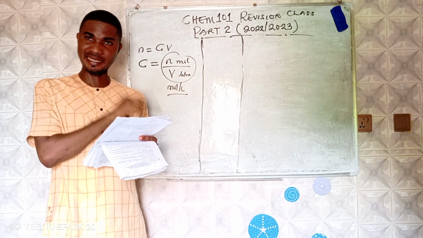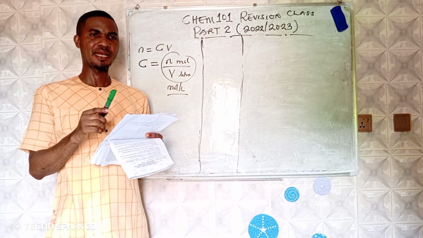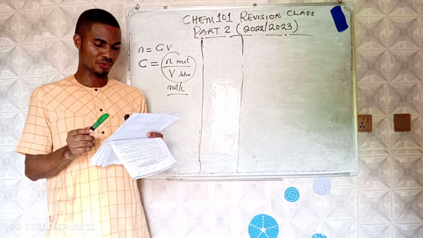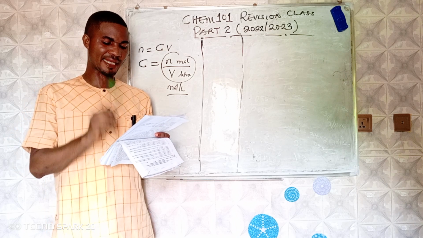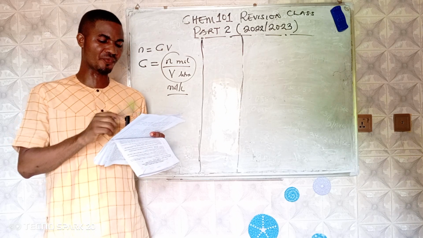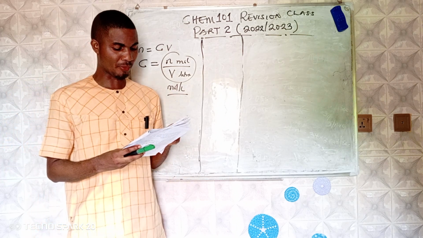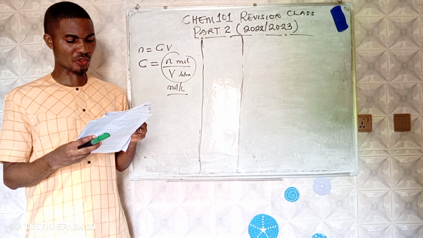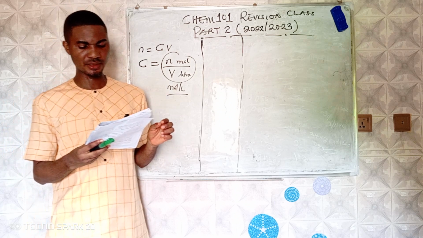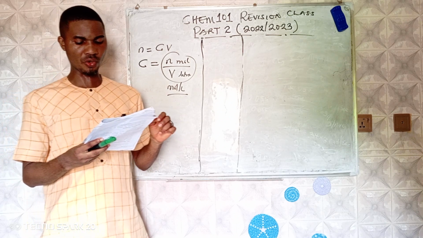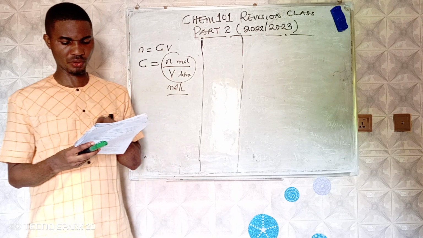Rutherford, through his alpha scattering experiment, showed the position of the neutron in an atom. So number 6 says, deflection of alpha particle by a charged nucleus is used to confirm the presence of neutron.